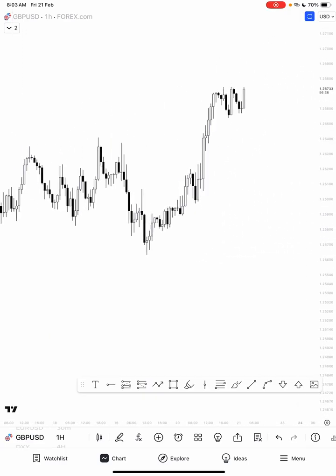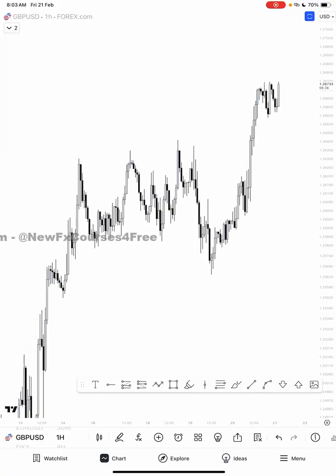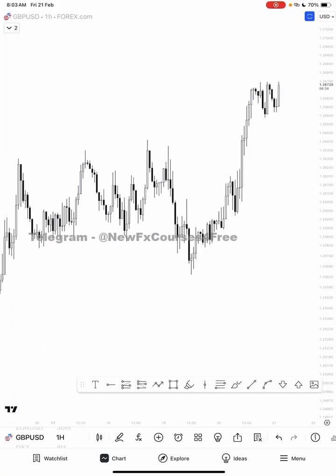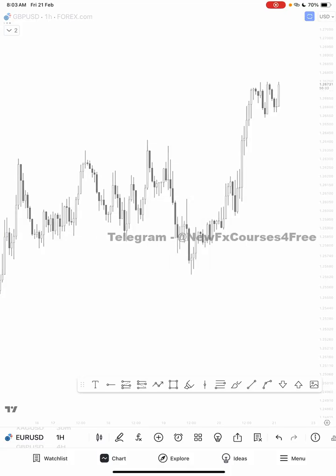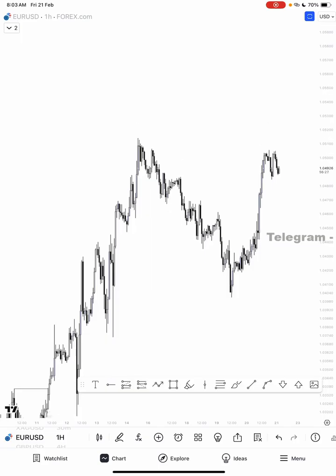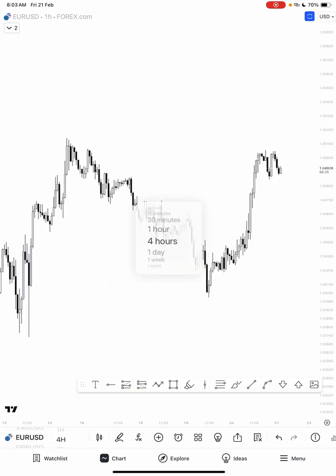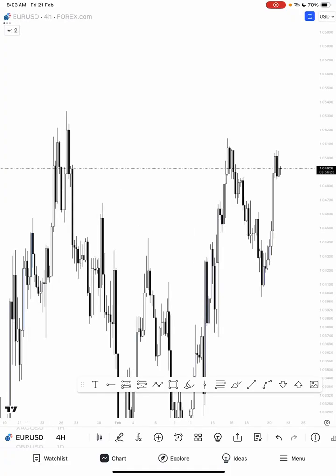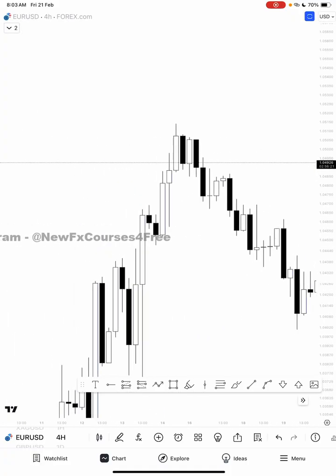So here was our current price action for this week. So let's go to the 4 hour time frame. Okay, here we are.